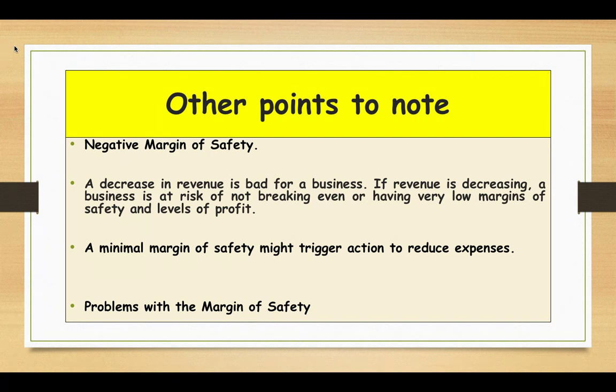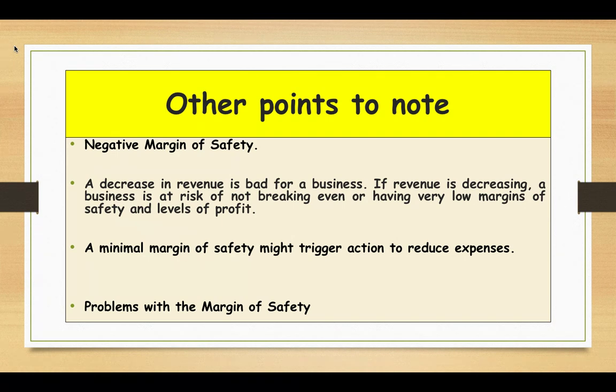Now the second one, a decrease in revenue is obviously bad for a business. So if revenue is decreasing, a business is at risk of not breaking even or having a very low margin of safety and low levels of profit.